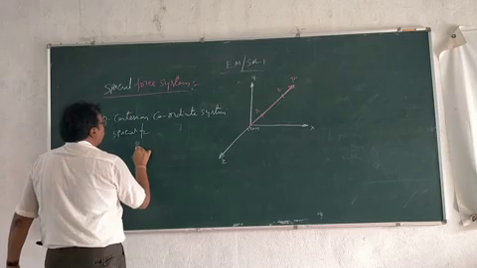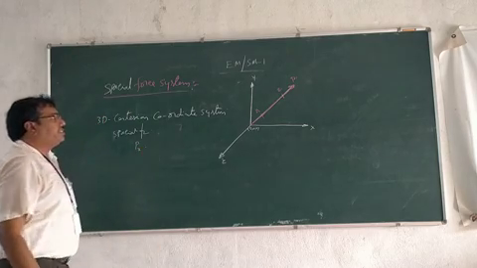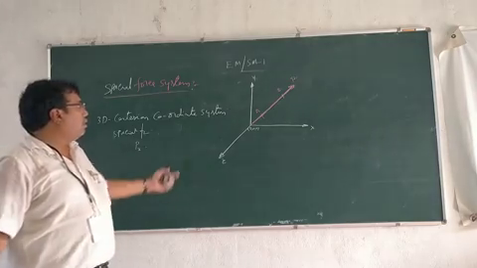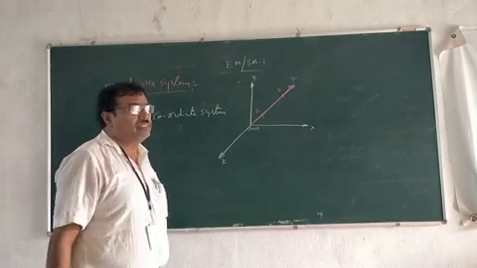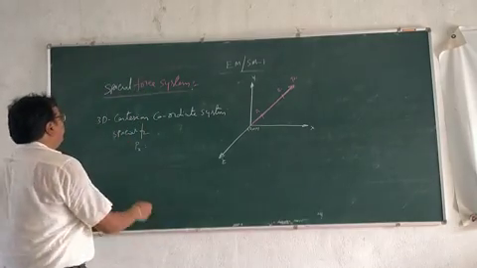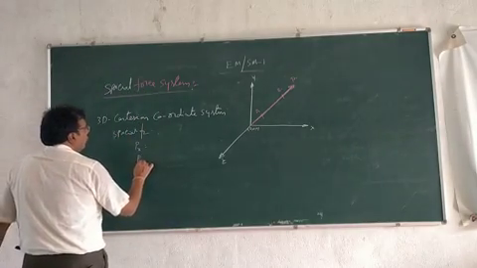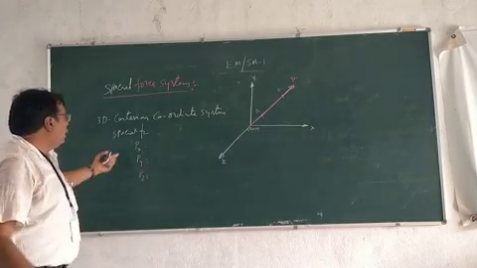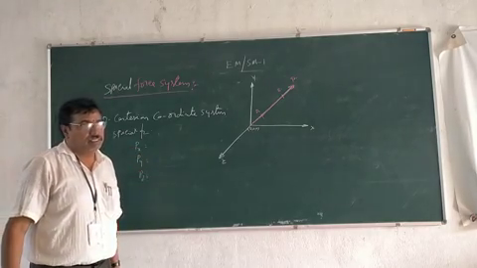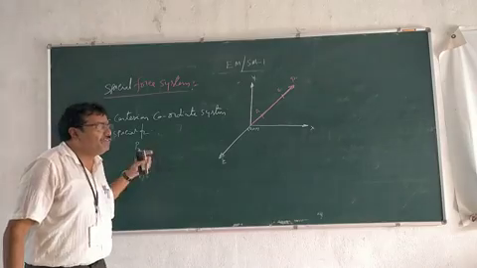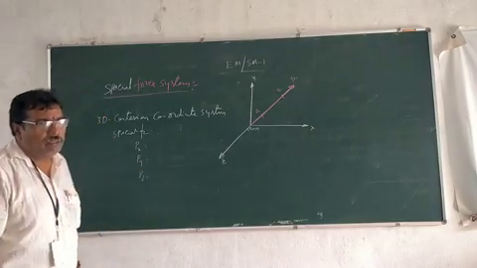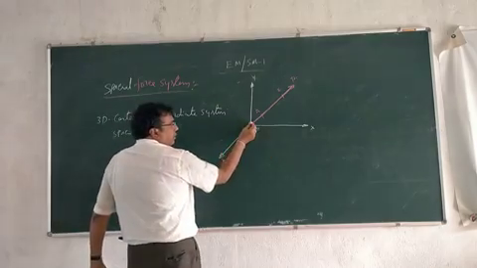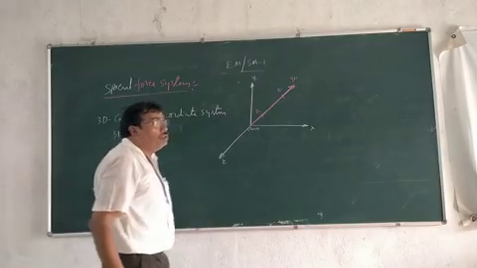It has three components. Every inclined force in a coplanar or two-dimensional system has two components. Here there are three components: Px, Py, Pz. This is the effect of force P along the x-axis, the horizontal effect; this is the vertical effect; and this one is perpendicular to these two.